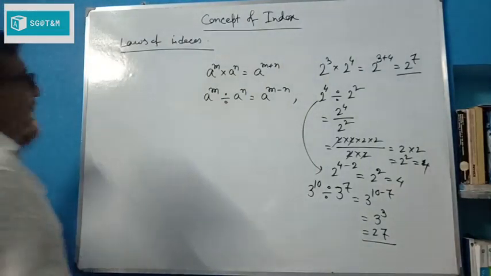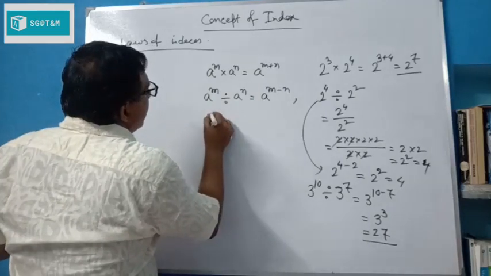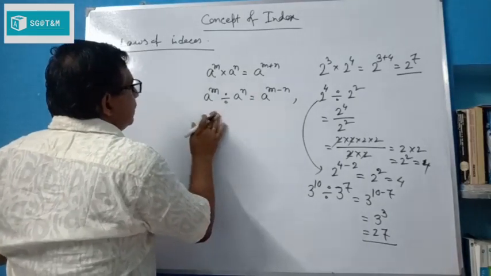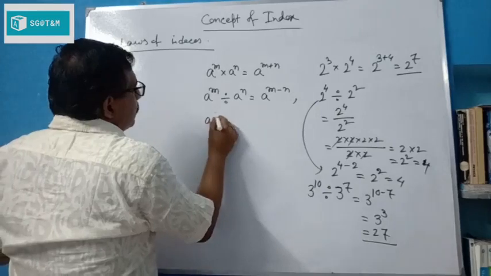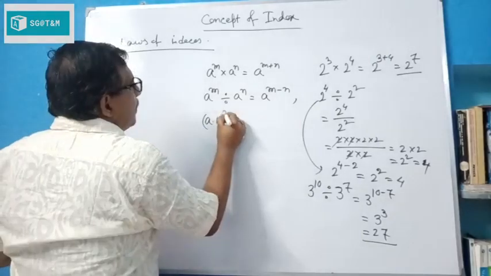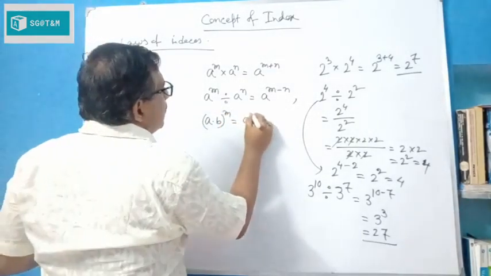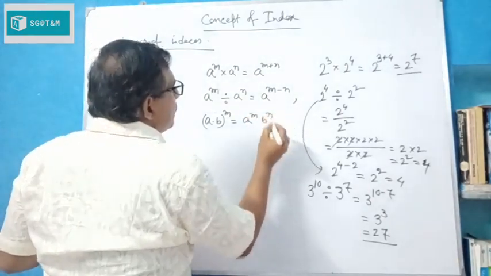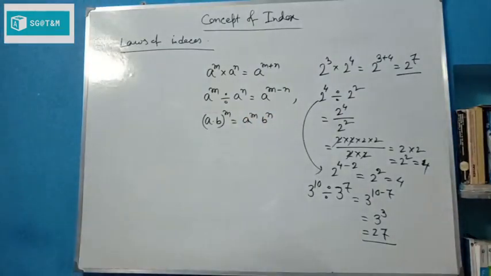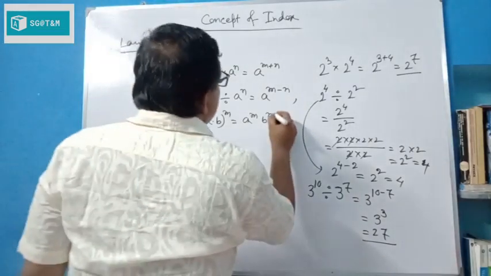Next thing. Suppose two things a and b, (ab) to the power m is equal to a to the power m into b to the power m. Sorry, it will be m.